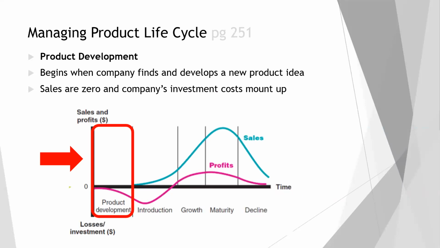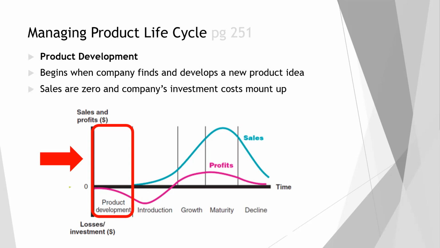So we begin when we first find and develop that new product idea. That is our product development. Sales are 0. We're not selling anything yet, and we're putting in a lot of R&D, research and development costs. We're investing a lot. We're actually seeing negative profits.